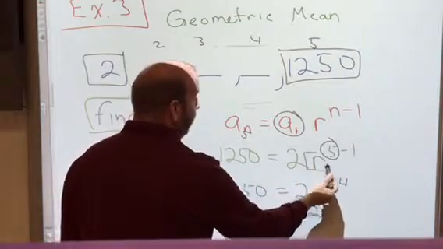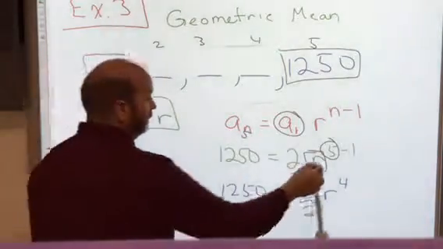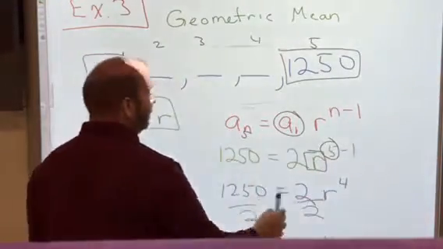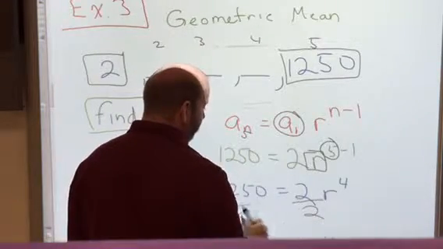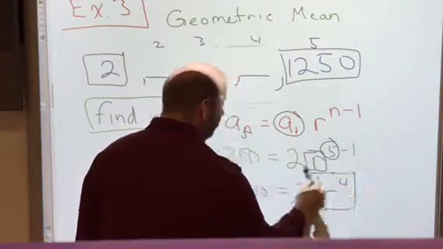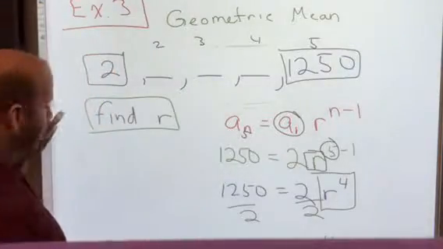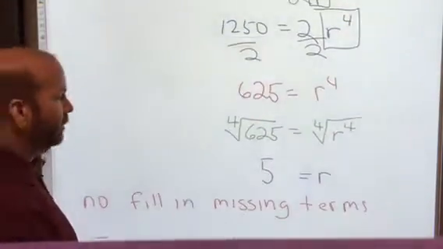So we're going to leave r as the only unknown. 5 minus 1 is 4. Divide both sides by 2 to get rid of the 2 and get the r to the fourth by itself. So 625 equals r to the fourth.